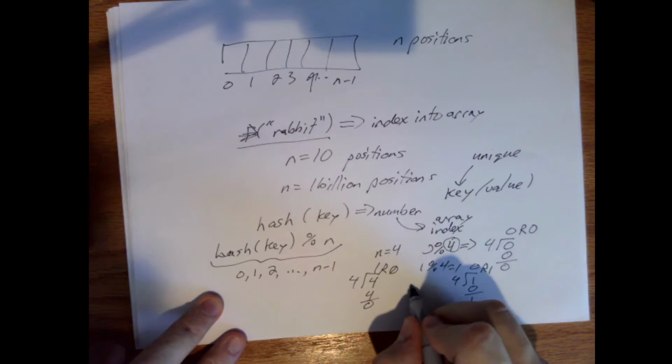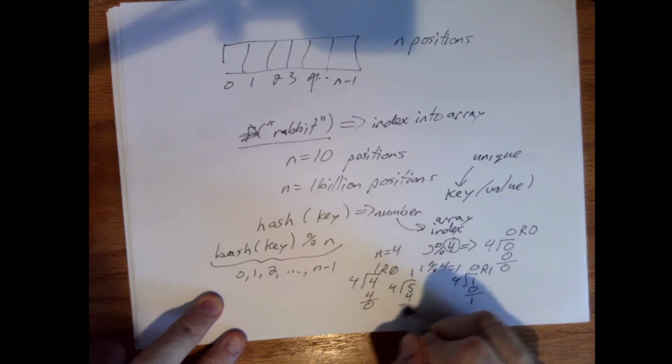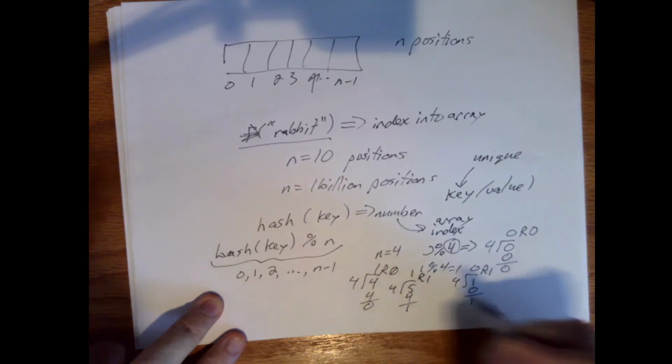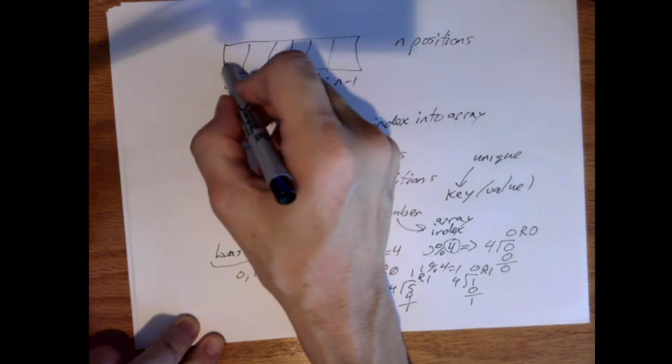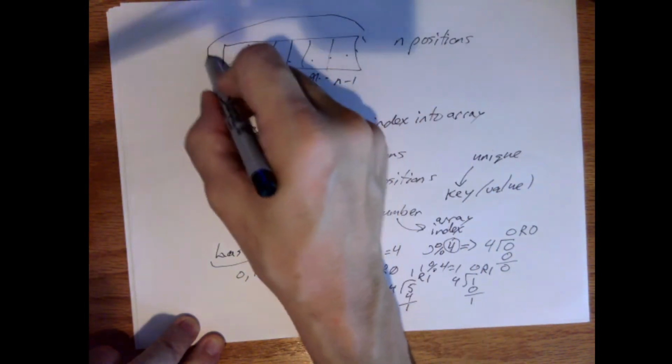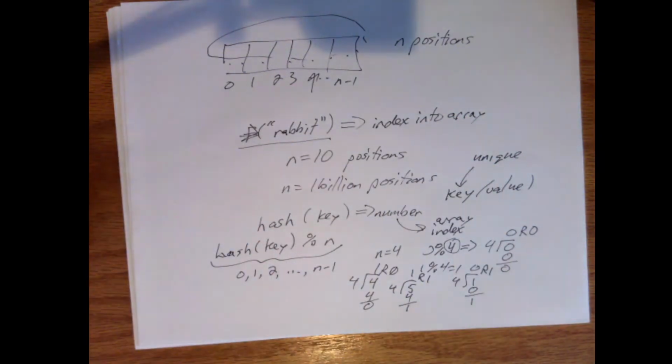And so then 5 mod 4 would be 5 divided by 4. 1 times 4 is 4. This has 1. The remainder is 1. So we basically have wrapped around. So even for really big numbers, we get numbers that look like this. We wrap around because of the modulus operator, so everything will always be within this range.